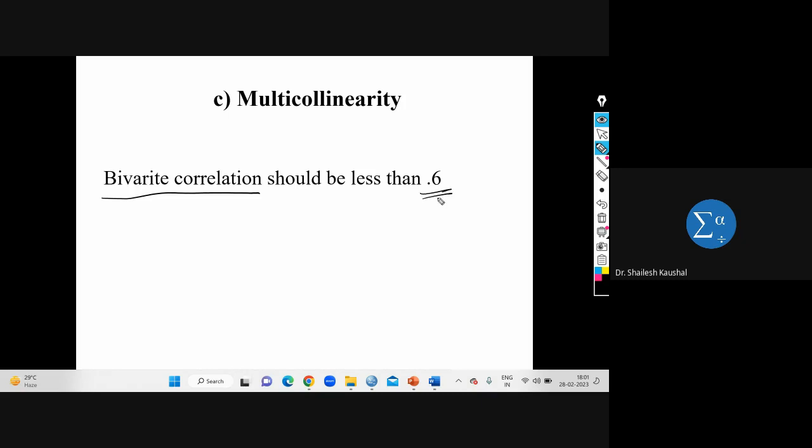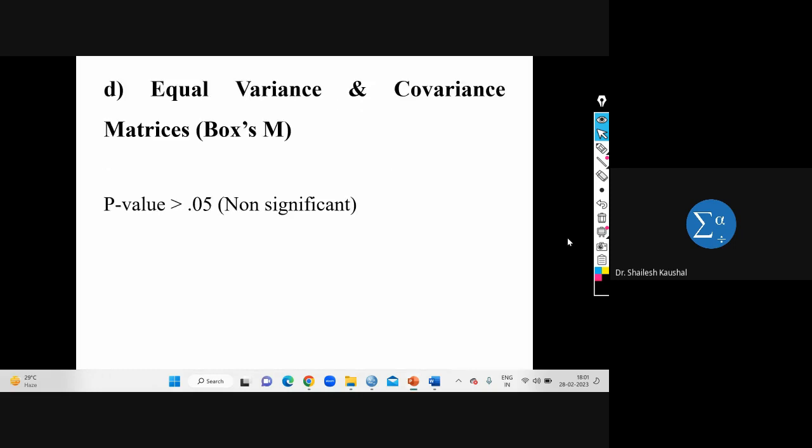If correlation is less than 0.6, then we can say there is no issue of multicollinearity. Although in regression analysis we can find out multicollinearity through VIF and tolerance. Okay, but here we can find the multicollinearity by finding out the correlation of the independent variables.